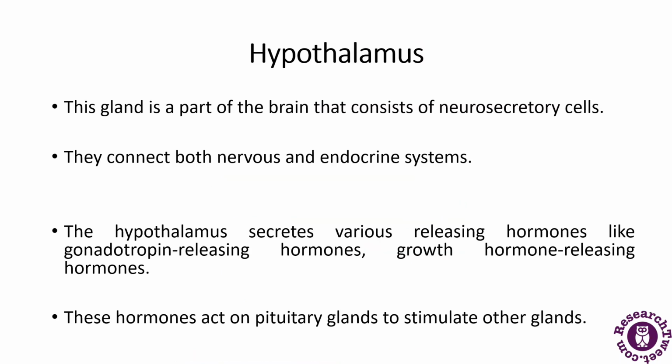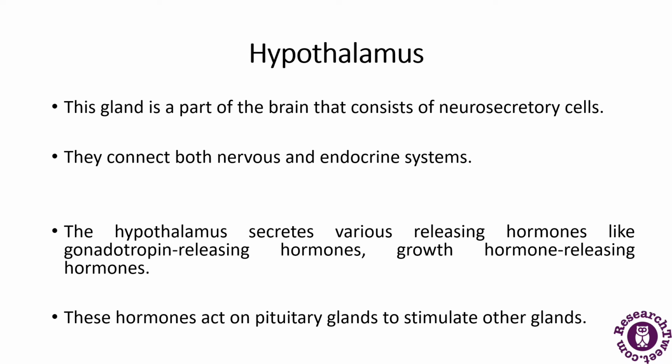Now we will be discussing each of these glands in detail. First we will be discussing the hypothalamus. What is the hypothalamus? It is a gland which is part of the brain, and it consists of neurosecretory cells. This organ connects your endocrine system with your nervous system.